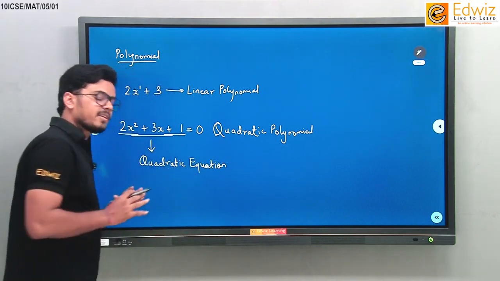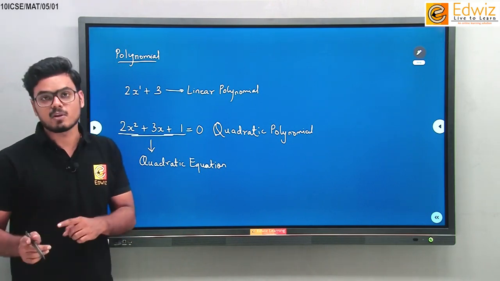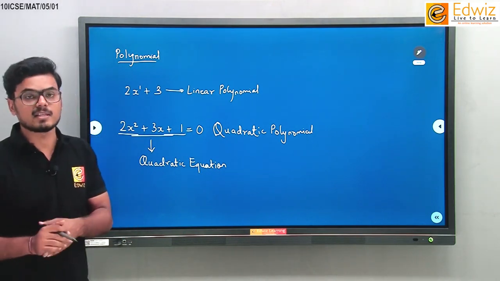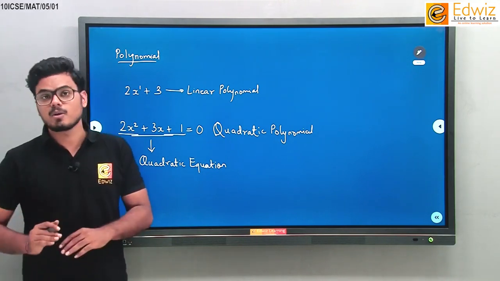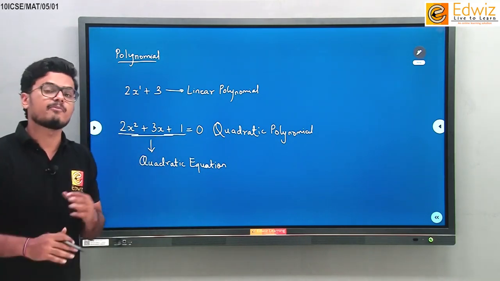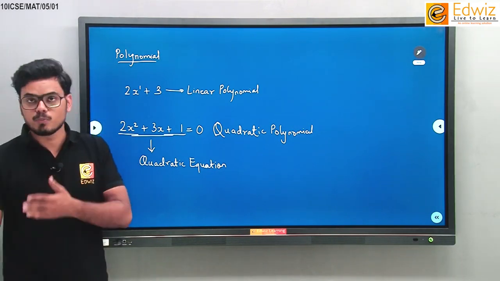So a quadratic equation is nothing but an equation where the highest power of the variable, or the degree of the equation, is 2. If less than 2, it is a linear polynomial. If more than 2, then it becomes a cubic equation or a cubic polynomial.